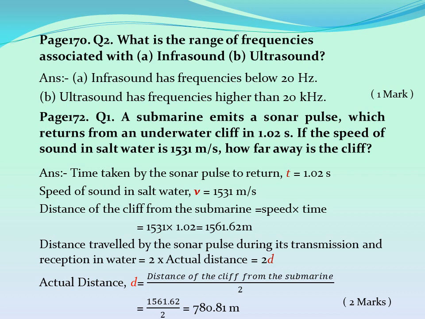Distance travelled by the sonar pulse during its transmission and reception in water equals 2 into actual distance equals 2d. Actual distance equals distance of the cliff from the submarine by 2 equals 1561.62 by 2 equals 780.81 meter.